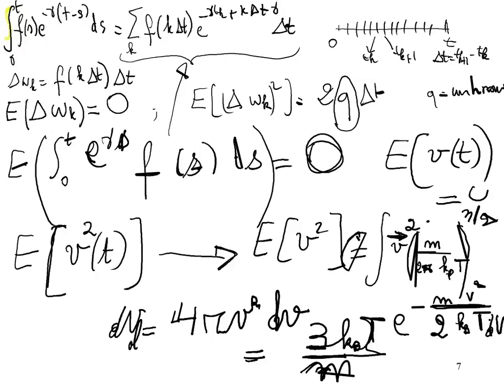Alright, so now what I propose to do is to calculate v squared of t in a similar manner to how we calculated v of t. For this we are going to use the equation that we have just written for v.